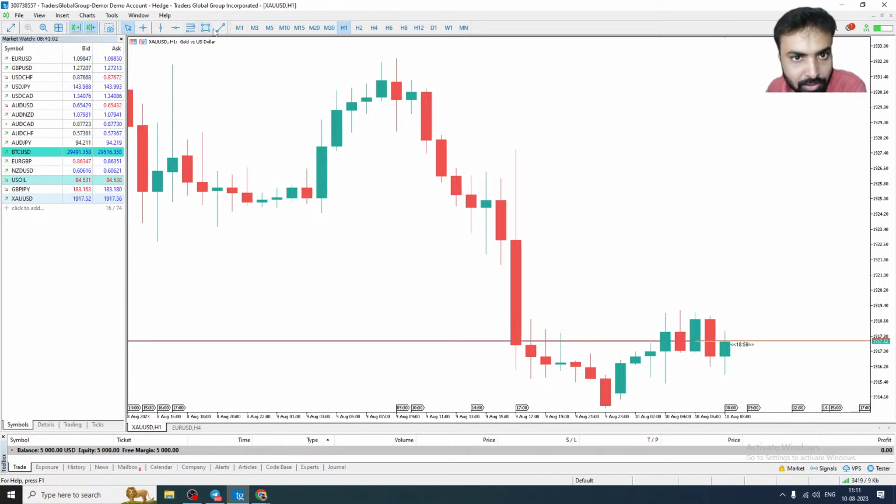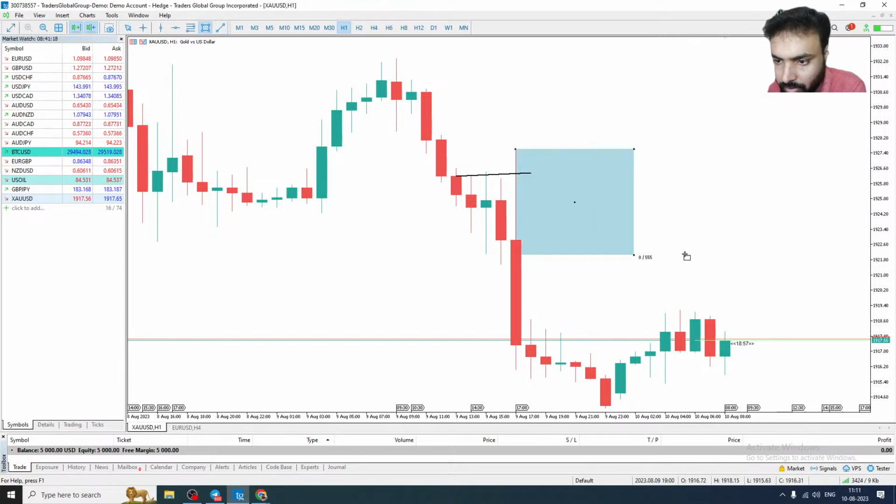So let's wait. We have a beautiful selling level for gold here. Full candle, half candle, this one we can take as a sell entry.